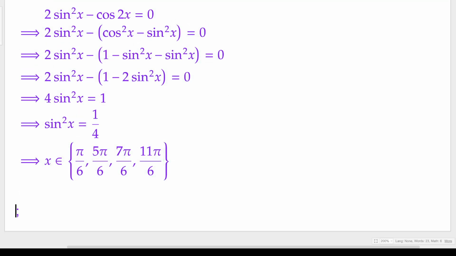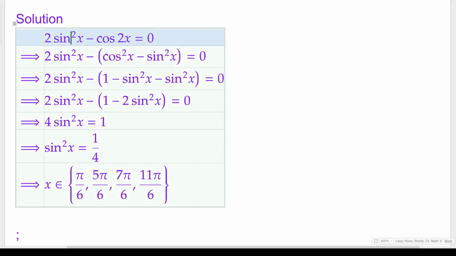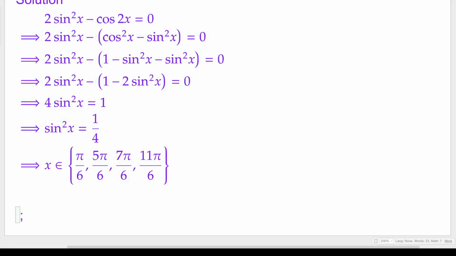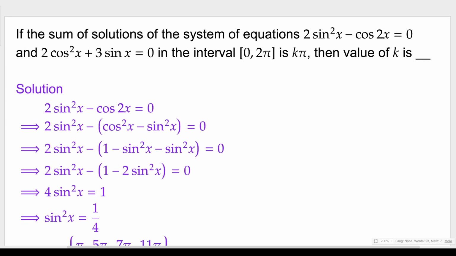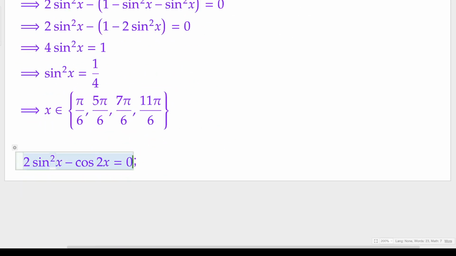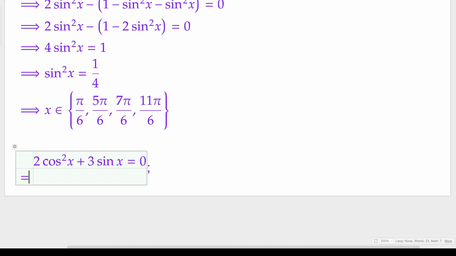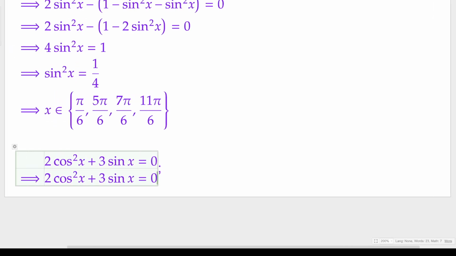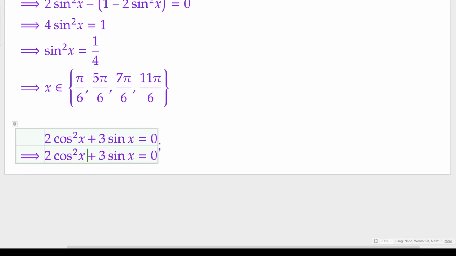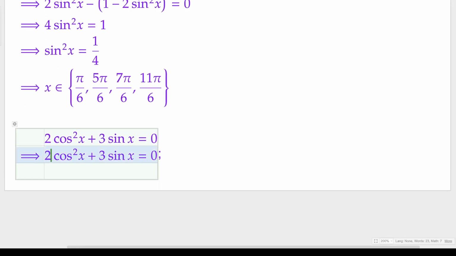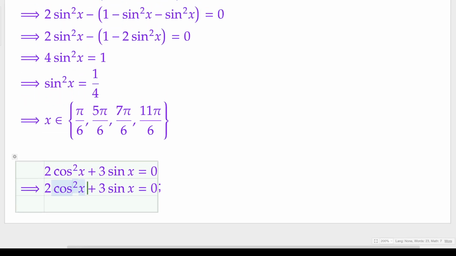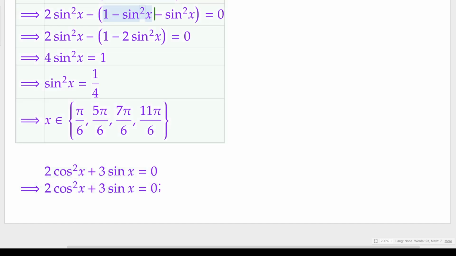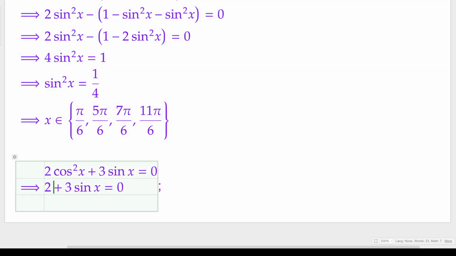Now we will be solving the next equation that is given to us, and from that also we need to extract the roots. Now this is the given equation, and we will be resolving this one. This cos x squared can be written as 1 minus sin x squared, within parentheses.